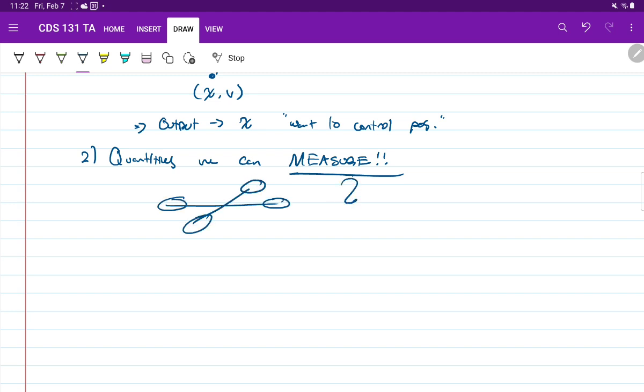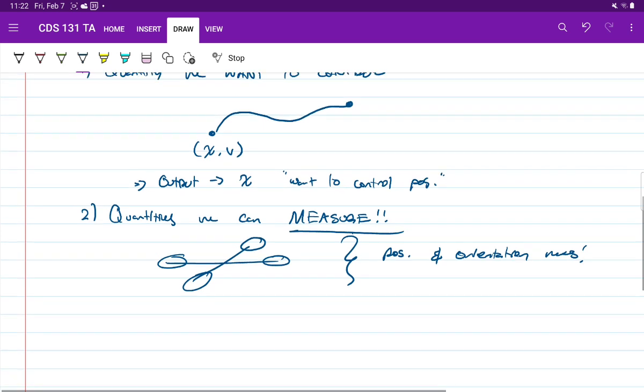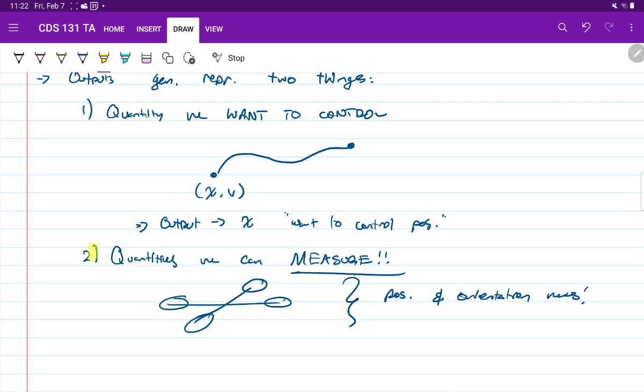Maybe I know its position and orientation measurements, say from a motion capture system that's giving me position and orientation, but maybe I don't have a good immediate measurement of, say, velocity or angular velocity. So this is what we're going to focus on with observability. Observability is going to focus on the relationship between measurements of the system, which are the outputs, and the state of our system.